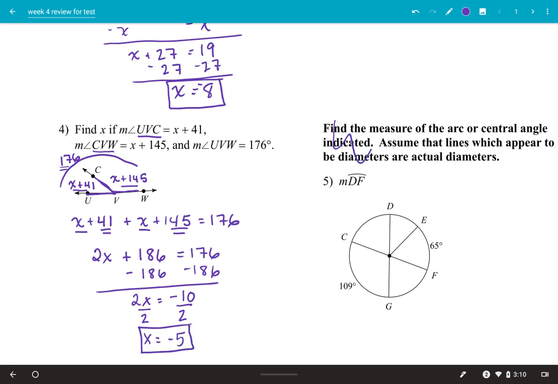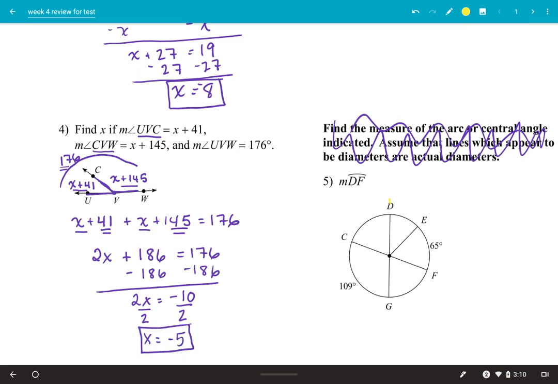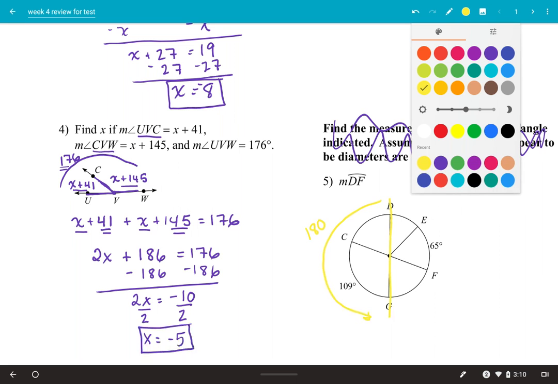All right, the next one, and I just wanted the picture. So what we want to do is label each one of these circles and parts of the circle. On this one, and for some reason some of you had a little bit of trouble, the nice thing is we're looking for where we can find diameters. So half of the circle. So here's half, and I know this half is 180. We're always looking to see if we can find numbers.